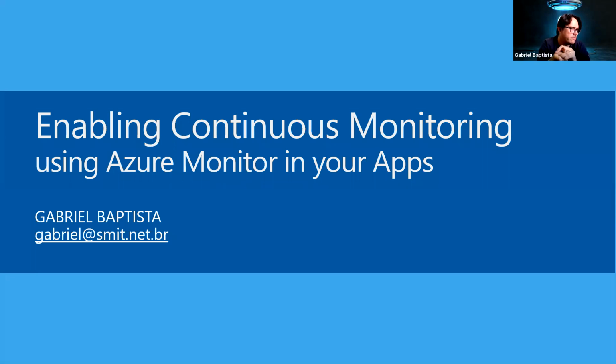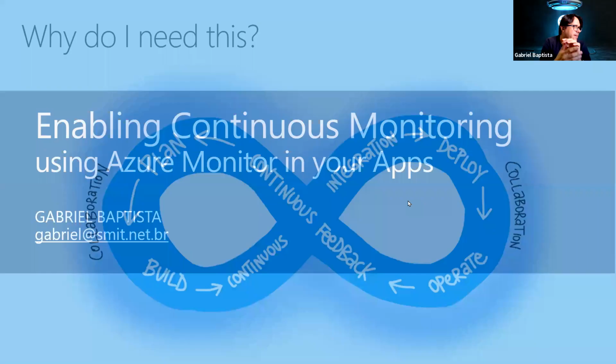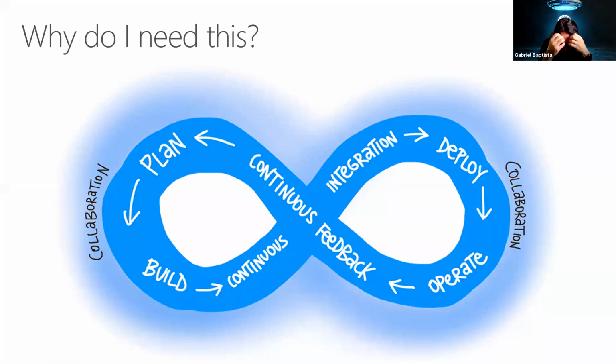And let's go. Well, when I talk about continuous monitoring, the first question is, why do I need this, right? Why do I need continuous monitoring? Well, you need continuous monitoring because probably you are working in a scenario where DevOps is the philosophy that you intend to apply, or maybe you are applying this philosophy.